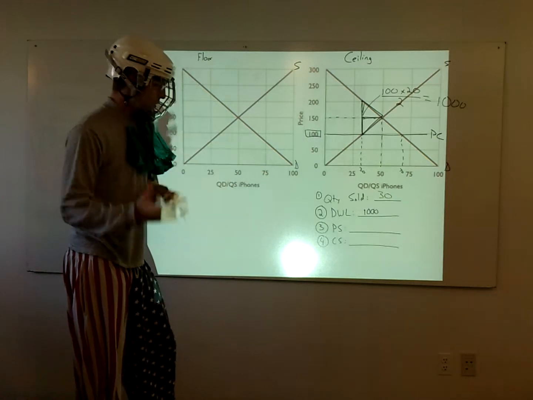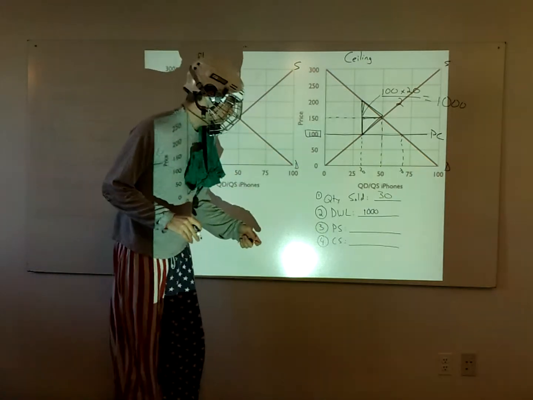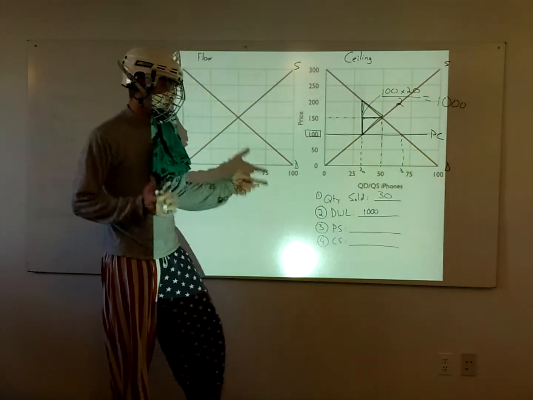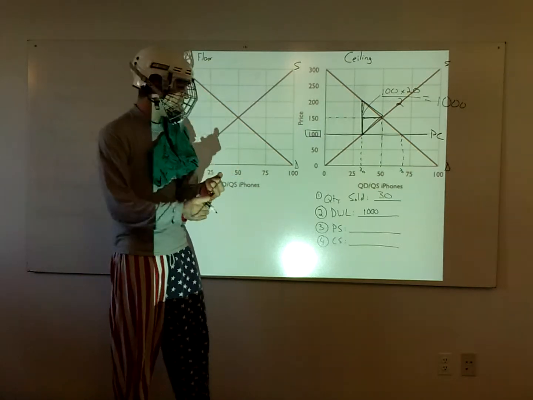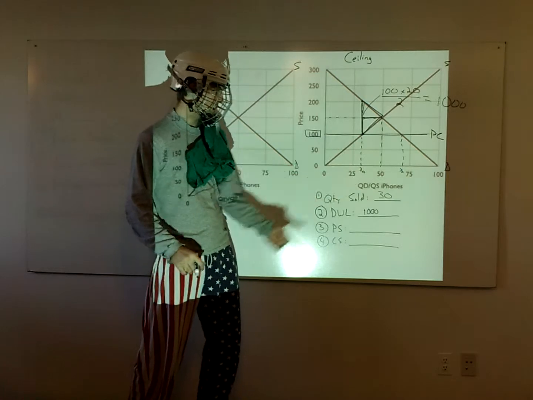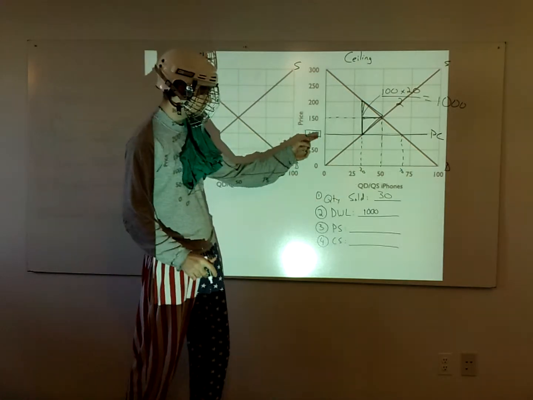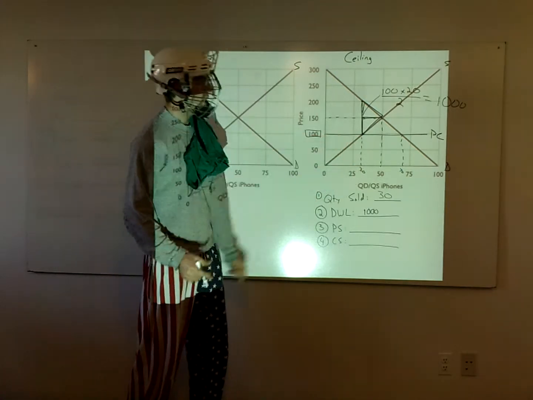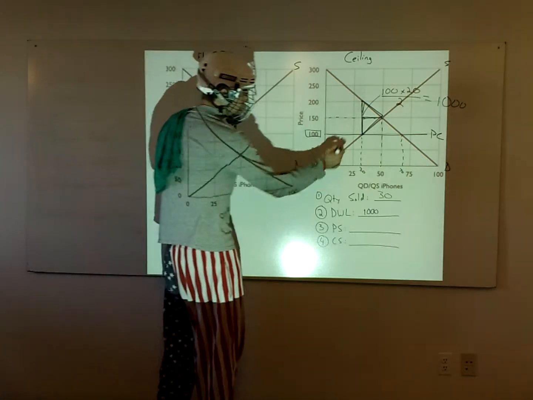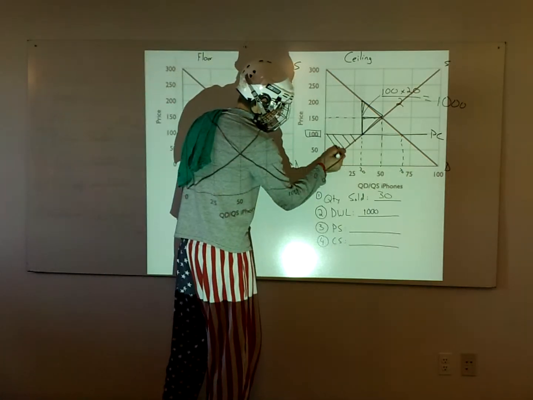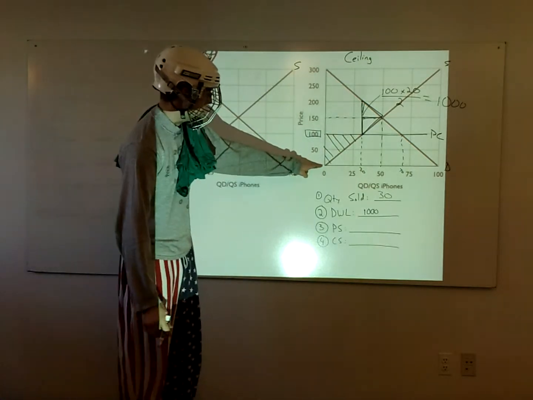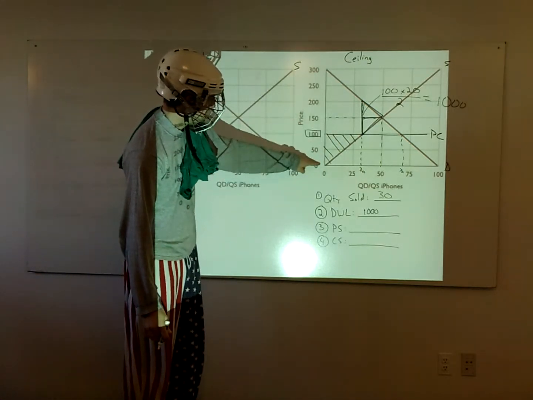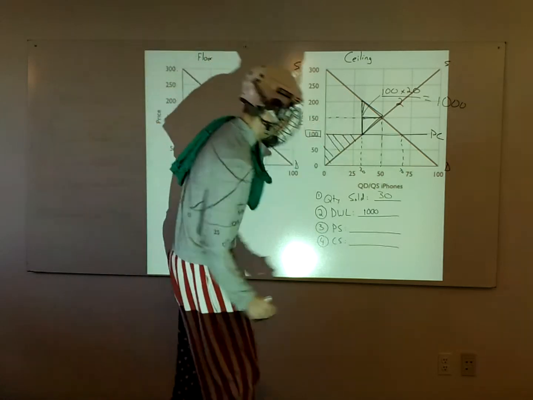Now, the producer surplus, let's do producer surplus first because that's easier to see here. So you need 3 things, remember. You need the quantity. Well, the quantity is now 30. The price is 100. So you know it's got to be somewhere bound in here. And now you got your supply curve. So my producer surplus looks like my base is 100 here and my height is 30.